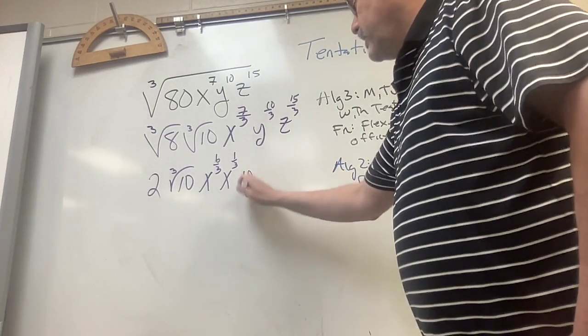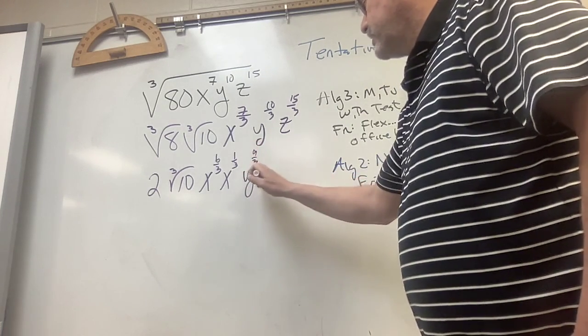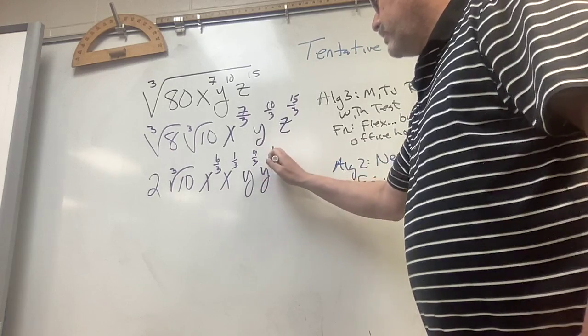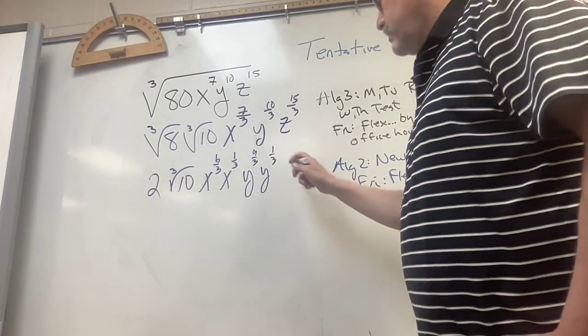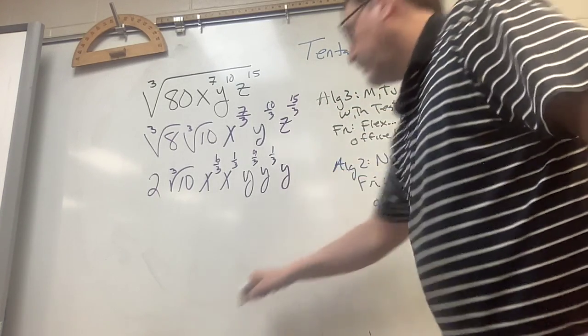So we're going to go to the 9/3 and the 1/3. And 15/3 is a whole number. That should be a z.